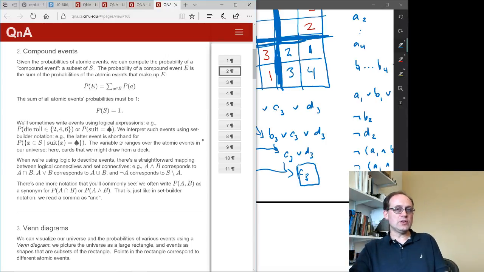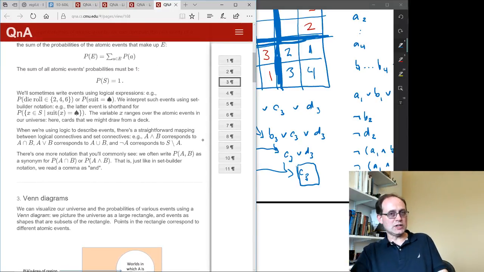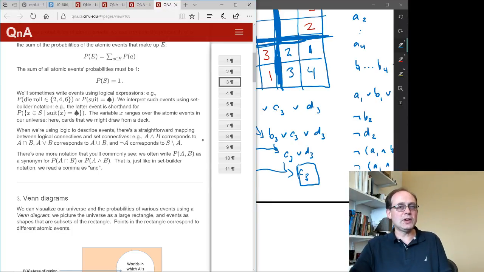And so you can see here why set theory is nice, right? We can write out events using set builder notation, or we can use set operations to talk about the relationships among multiple events. And we can also describe them using logic, right? Like we can say some property holds and some other property holds. And there's a nice correspondence with that as well, right?